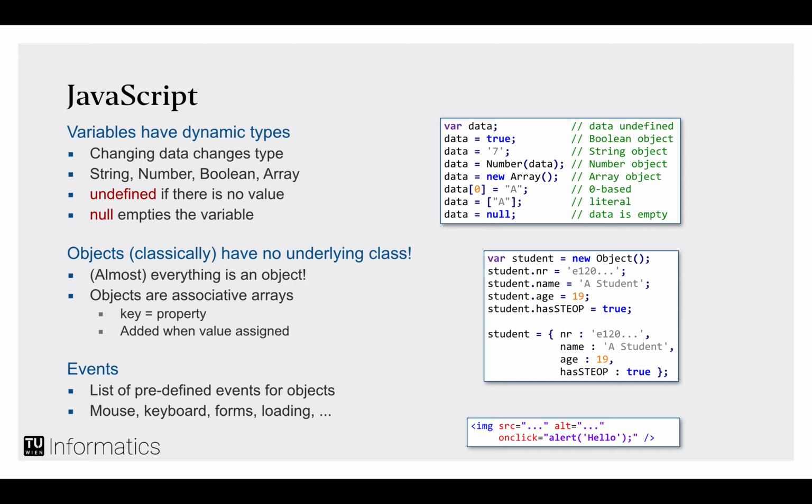Another core construct in JavaScript that we're going to talk about at the end of this lecture in more detail are events. A lot of times when you want to interact with or introduce JavaScript, you do so by having events that you react to. In this example on the right side here, you have an image, and this image has an onClick event, and in there you can already have JavaScript code that runs.